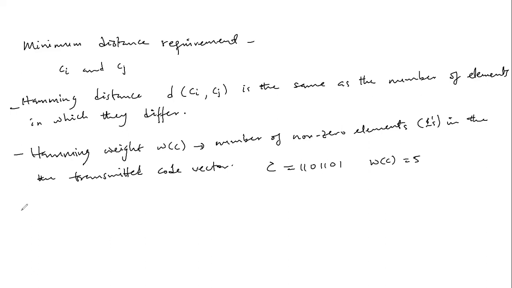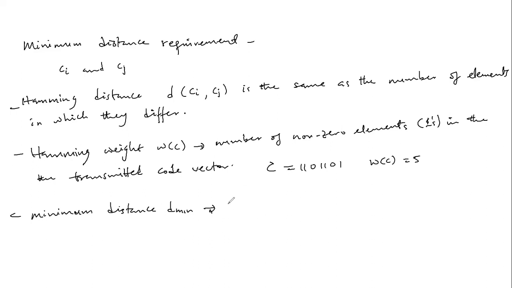Now we also have the minimum distance, dmin, of the linear block code. It is the smallest Hamming distance between any pair of code vectors in the code.